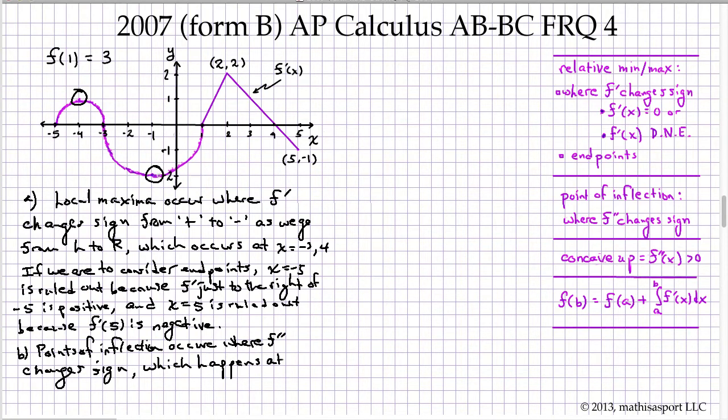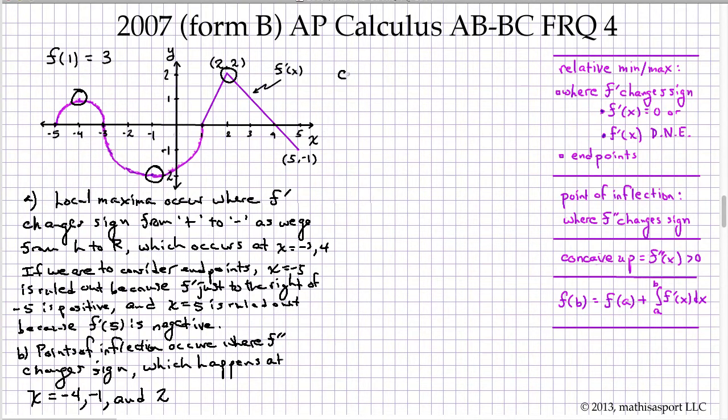We've got positive slope here all the way through 2. And then it becomes negative. So here's one final place. From 2 on, the slope remains constant. So there are no further points of inflection. So let's just write this out. At x equals negative 4, negative 1, and 2.